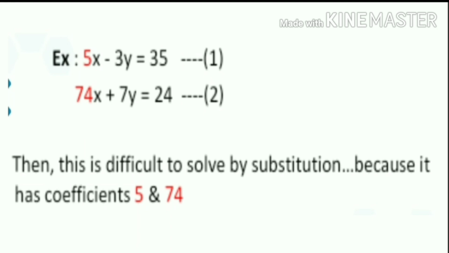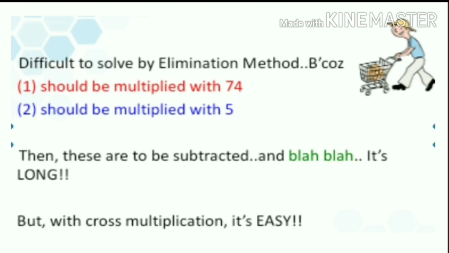It is difficult to multiply by 74 because it is long. So it is difficult to solve by the elimination method, because the equations should be multiplied by 74 and by 5, then subtracted, and it is so problematic and so long. But with the cross multiplication method, it's easy.